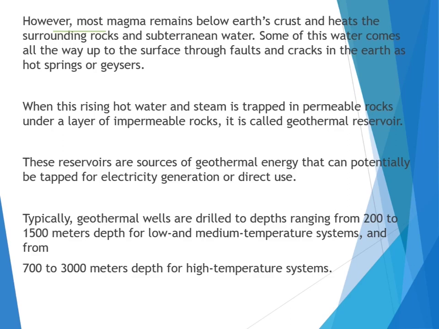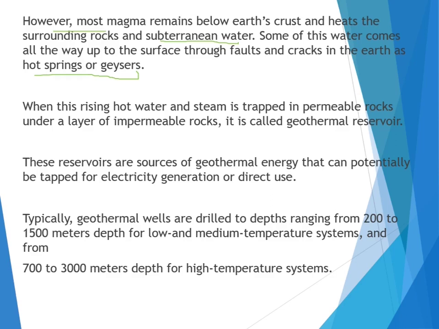What is subterranean water? It is the subsurface water which is located in the rocks in the upper portion of the Earth crust, either in a liquid, solid or gaseous state. Some of this water comes all the way up to the surface through faults and cracks in the earth as hot springs and geysers.